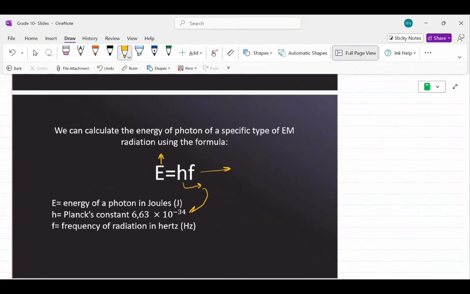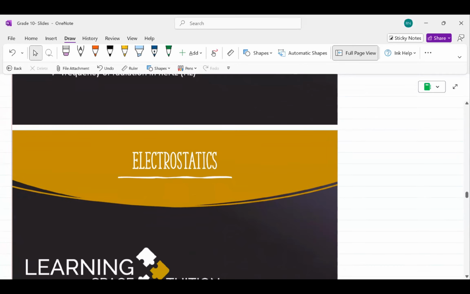Now the frequency, we've seen it before in our transverse and longitudinal waves, so we're familiar with what a frequency is. But we'll look at the equation next to our past paper when we try it.